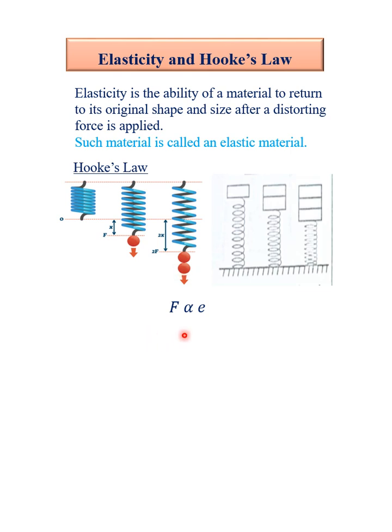In mathematics, if you take out the proportionality sign, you introduce a constant, and that becomes F equals K e. The proportionality sign has changed to an equal to sign, and we introduce a constant K, known as the elastic constant of the material.